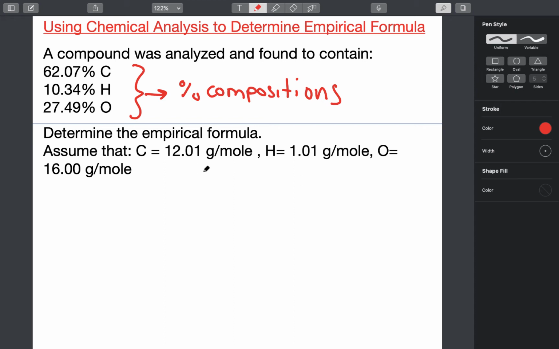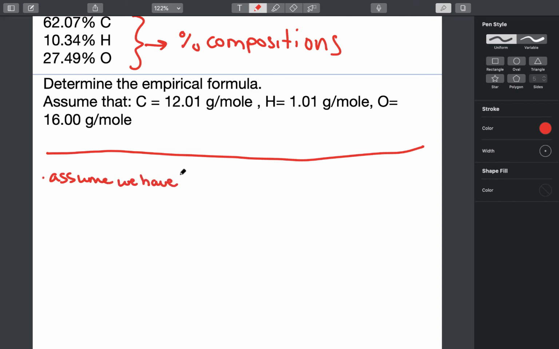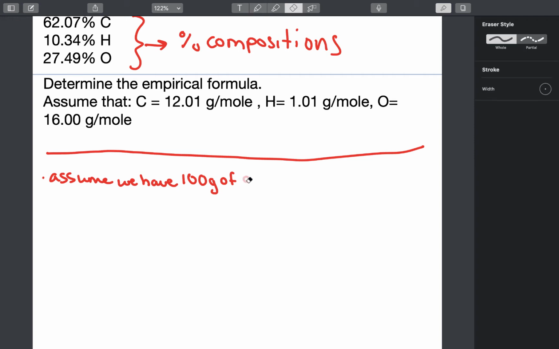So the first thing that I want to do is to assume that we have 100 grams of substance. So assume we have 100 grams of the compound.